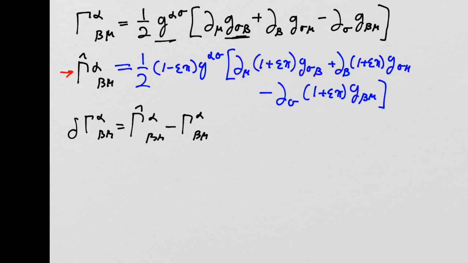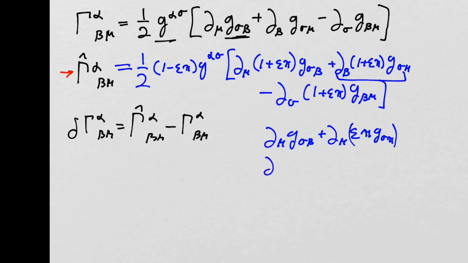So this expression right there is going to equal partial mu g sigma beta plus partial mu of epsilon pi g sigma beta, right? Where that's all clustered together. So that's what this term here equals. Then this term here, likewise, is going to be partial beta g sigma mu plus partial beta epsilon pi g sigma mu.